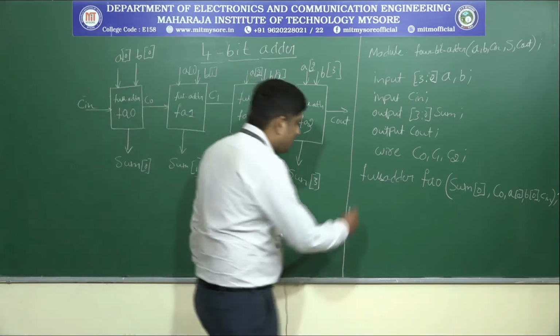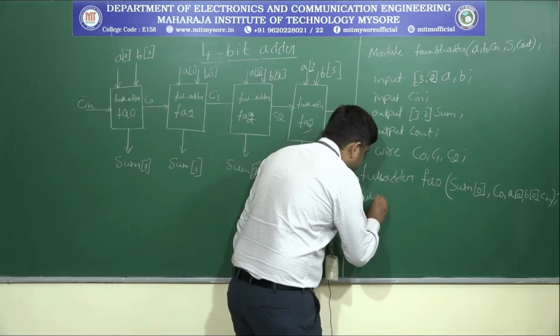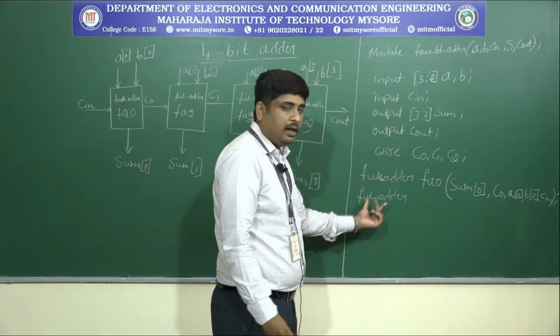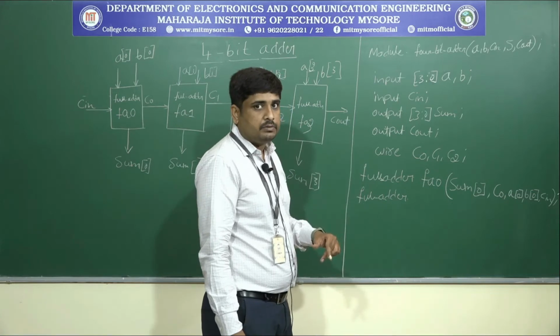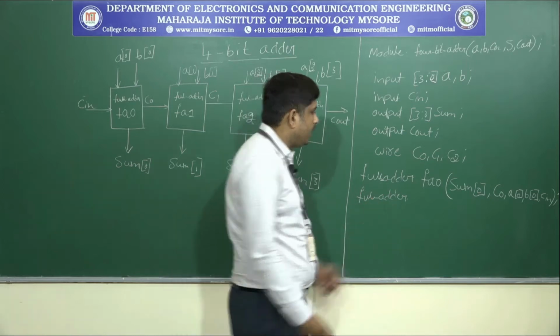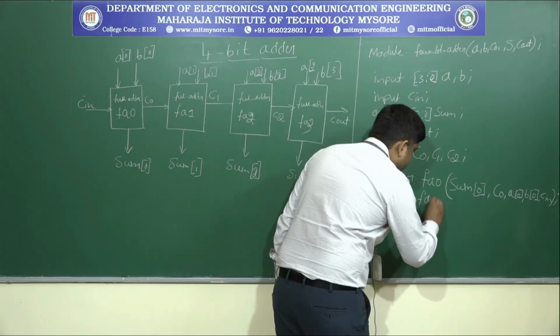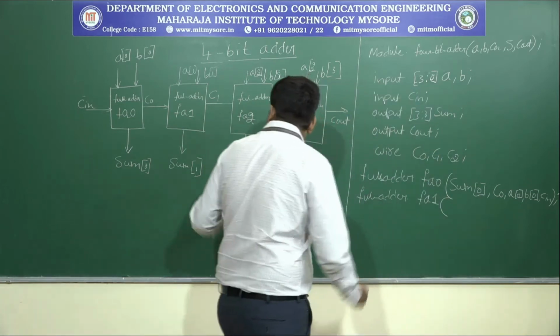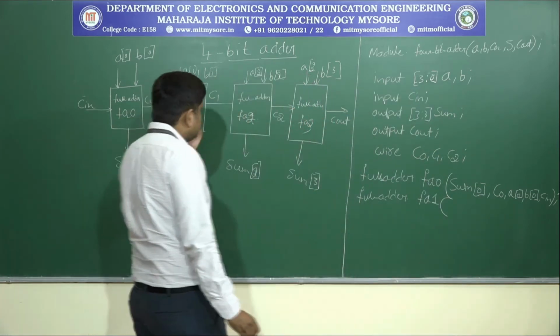Next, move on to the second one. Here the same name, full underscore adder, because we have to write a full adder gate level description. That's why we indicate the same name, full underscore adder. Next FA1. What is the output of FA1? Sum of 1, C1.